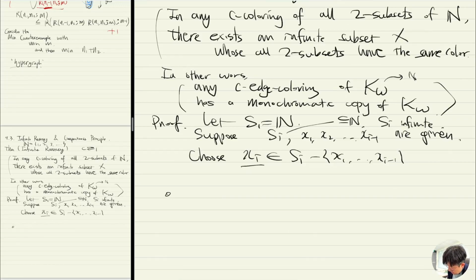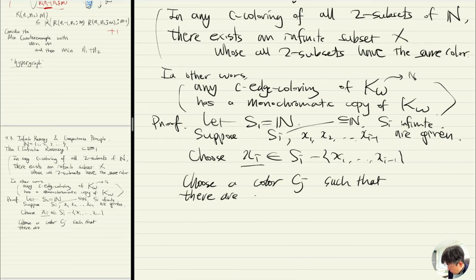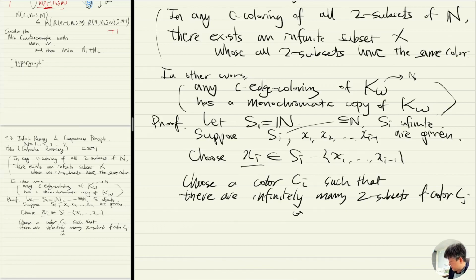And then look at all sets of size 2 containing xi. Choose a color, let's say Ci, such that there are infinitely many 2 subsets of color Ci containing xi.